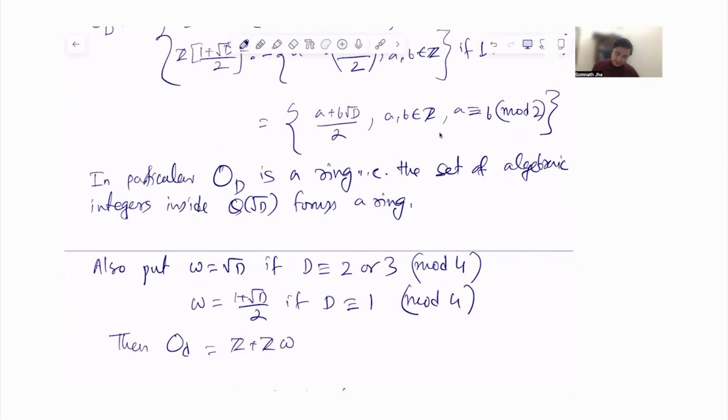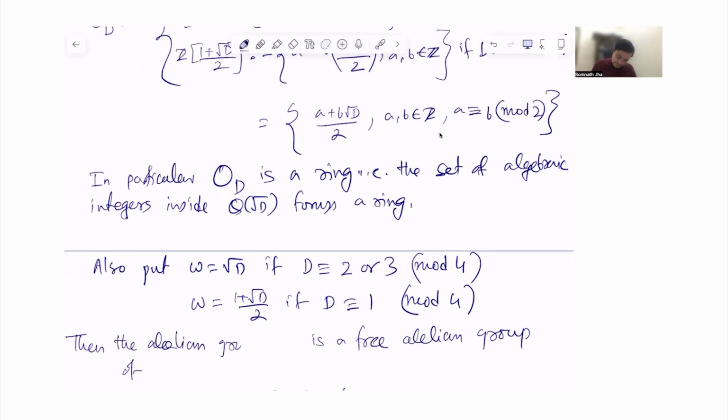So it is a free abelian group, and the abelian group of the ring O_D is isomorphic to Z direct sum Z. Z square here means the direct sum Z, maybe I should just write Z direct sum Z.